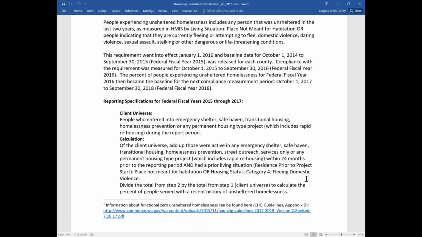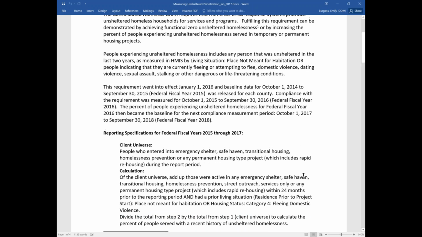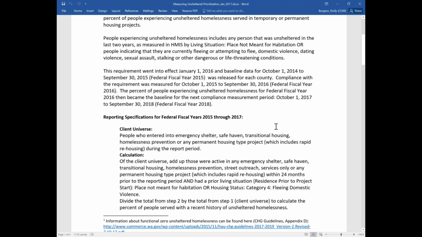So this document is kind of technical, not plain talked at all, because I wanted to be very clear about everything. This document describes the reporting specifications that we used for federal fiscal years 15, 16, and 17.